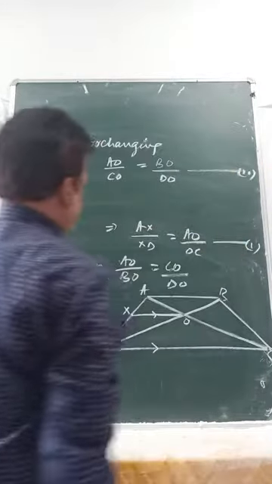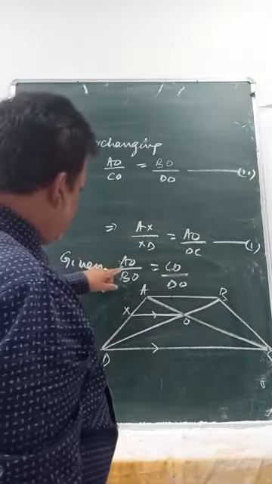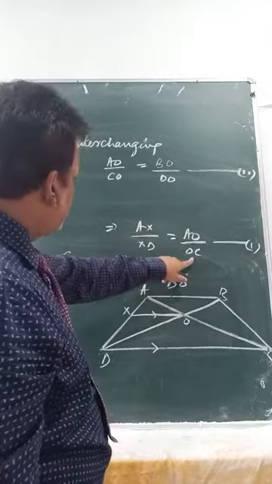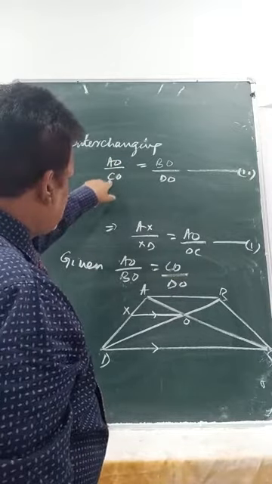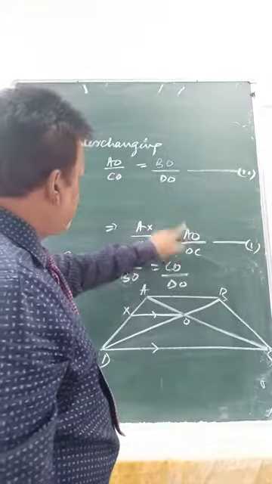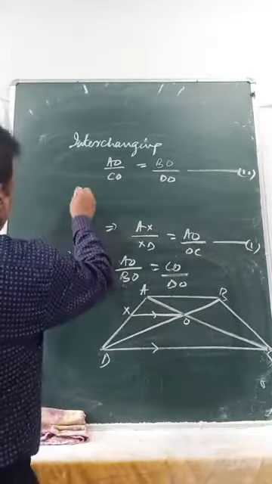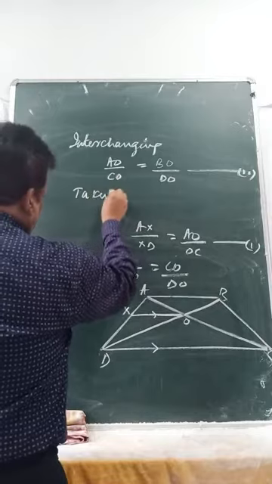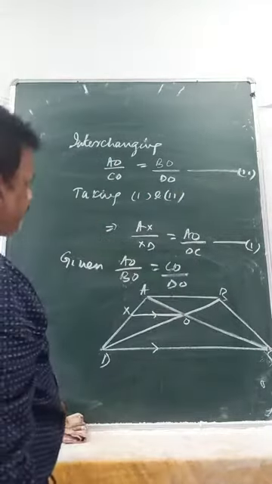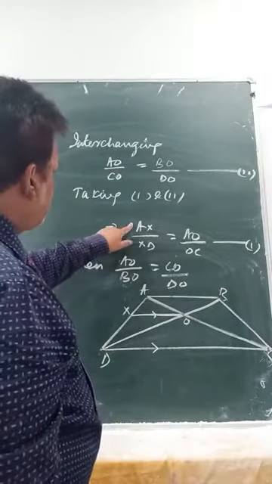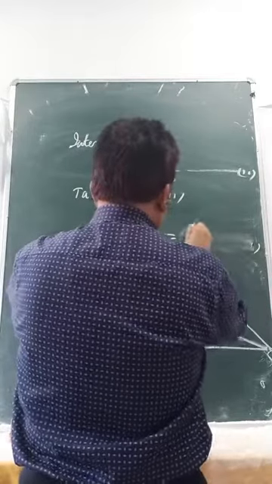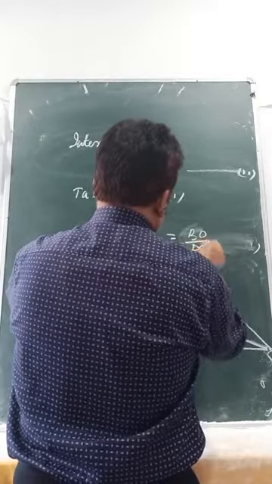That is 2. Look, AX by XD equals AO by OC, and AO by OC equals BO by DO, so these two are equal. Taking 1 and 2, you will get AX by XD equals BO by DO. That is 3.